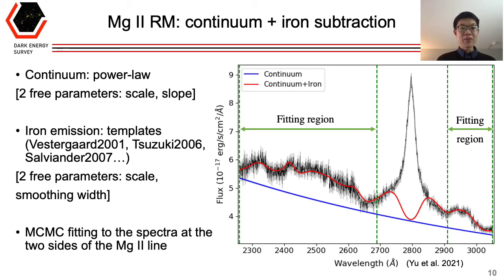We then perform an MCMC fitting to derive the model parameters. The blue solid line in this figure shows the best fit continuum, while the red line shows the best fit continuum plus iron emission. Here we can see that our best fit model can well match the observed spectra.